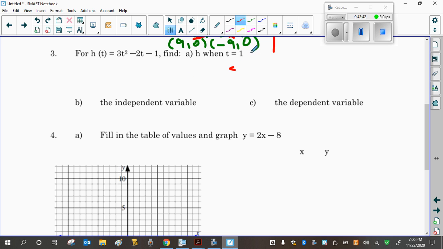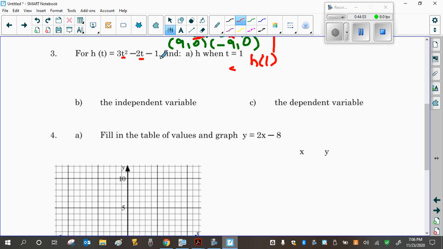Number 3 just says find h of t. So find h when t equals 1, that means find h of 1. H of t means h of 1, so wherever I see t, I put 1.